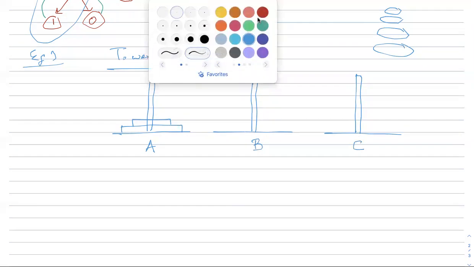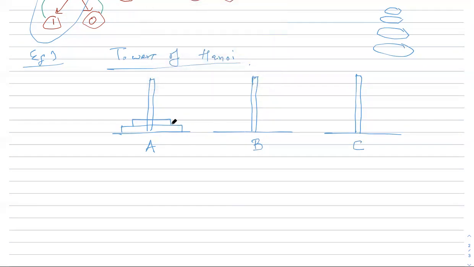The problem at hand is how can we move these disks from A to B? The condition is that we have to move from A to B with the help of C. But the condition is that at no given time should there be a smaller disk situated below the larger disk.